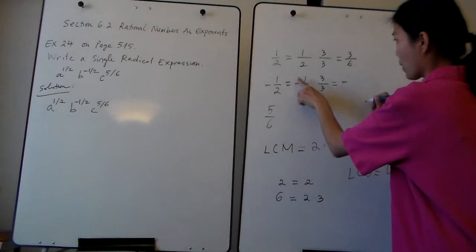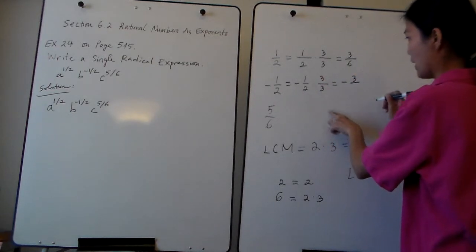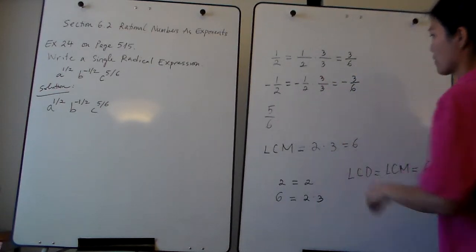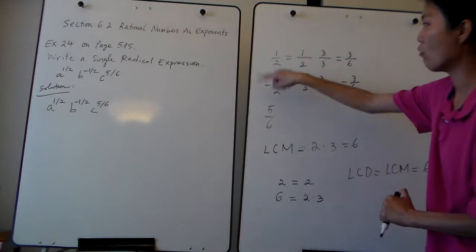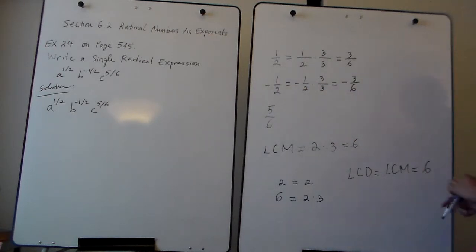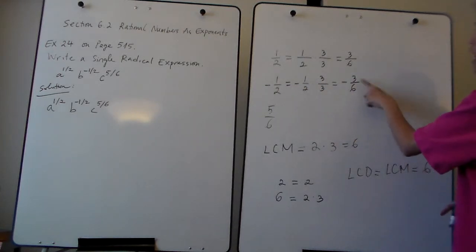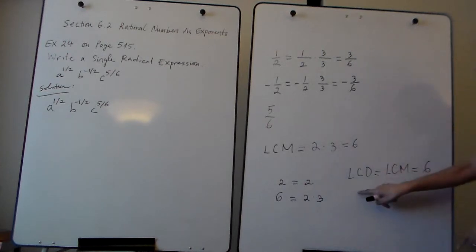So negative, 1 times 3 is 3, divided by 2 times 3 is 6. Now negative 3 divided by 6 is the equivalent form of the original negative 1 over 2. The special thing is that we get the denominator written in the form of the LCD, which is 6.